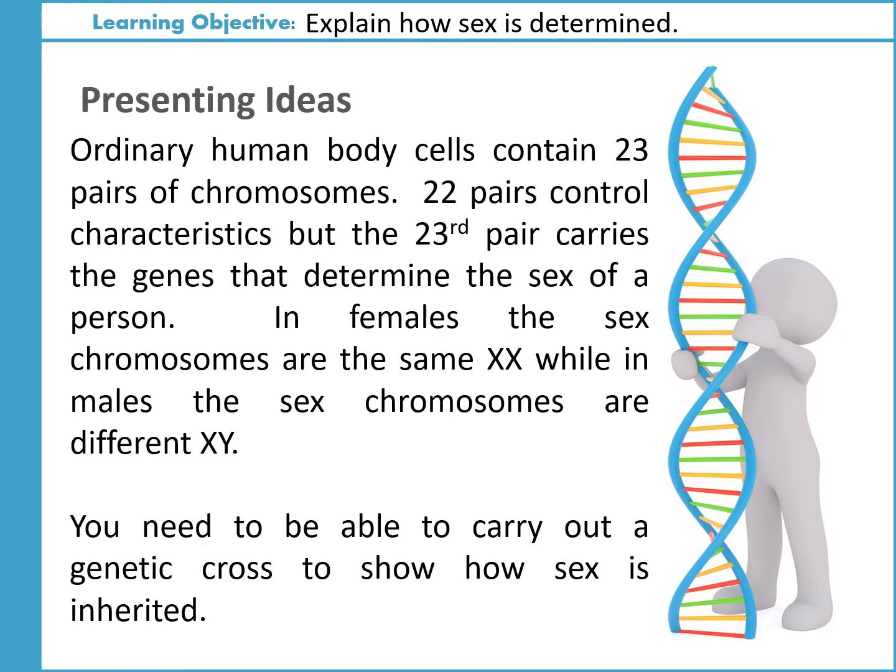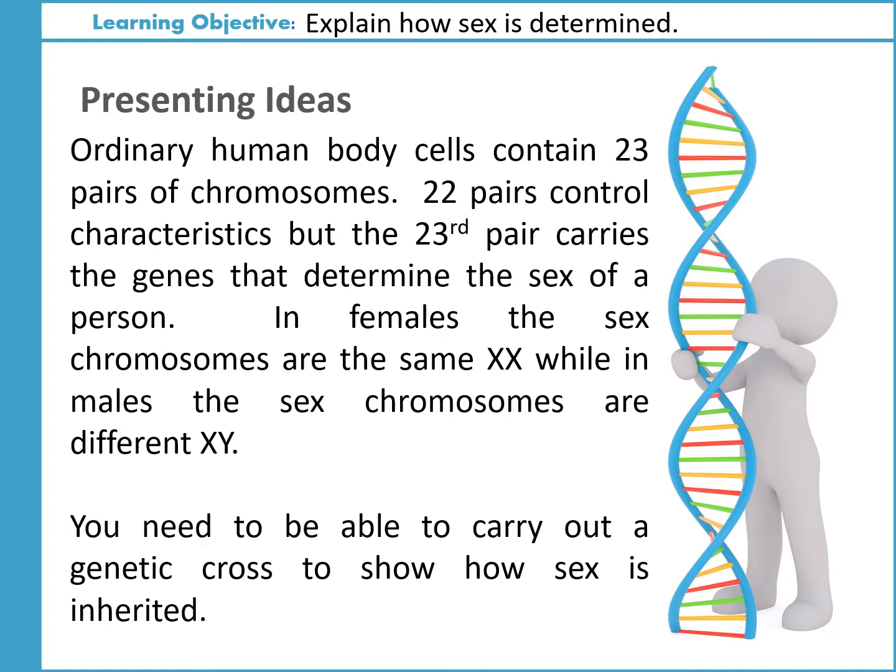Okay, 22 of those pairs control all the things about you, like your health and the way you look, your height, whether you have long fingers, short fingers, all of that stuff. And the 23rd pair will decide whether you are a male or a female in terms of your sex. In females you have 2 X chromosomes.